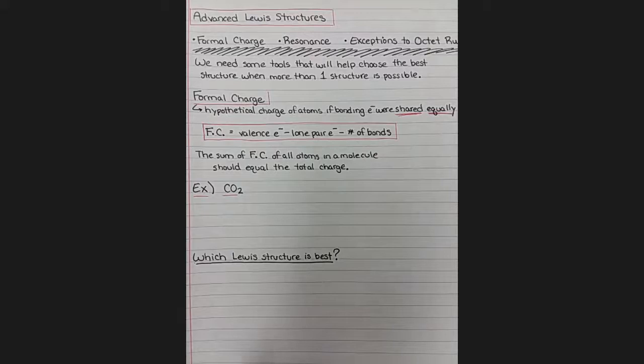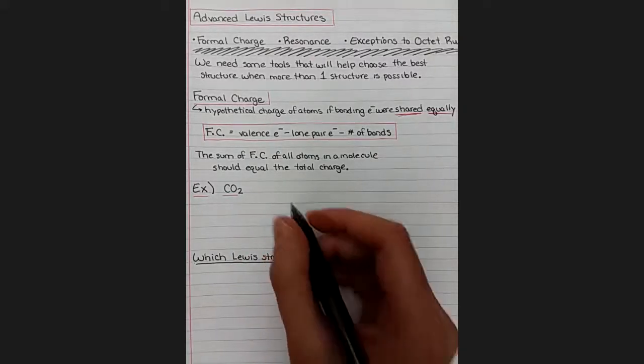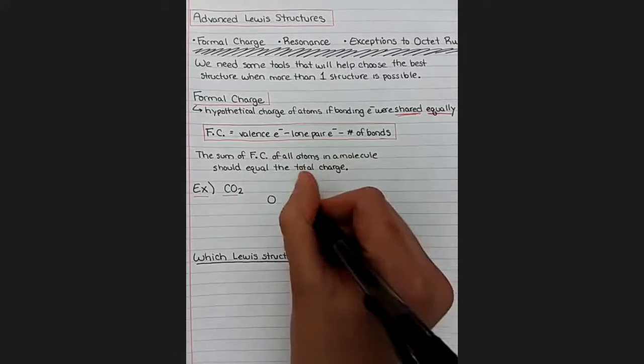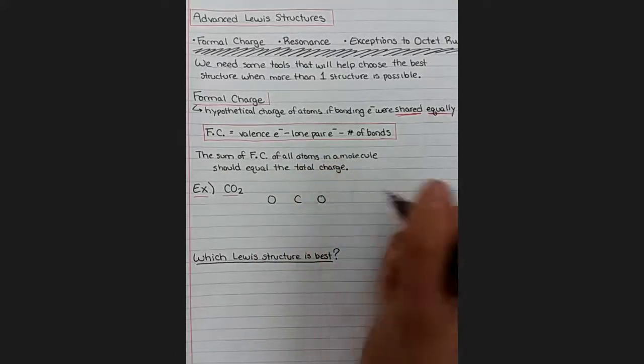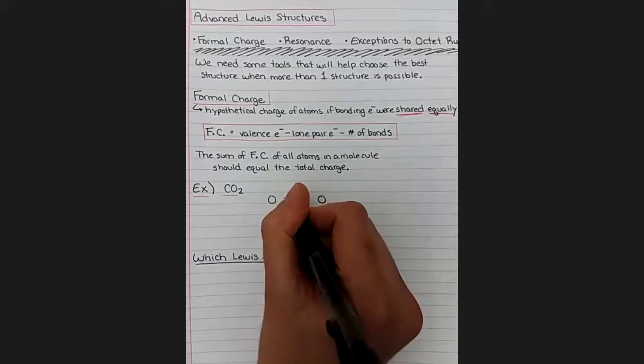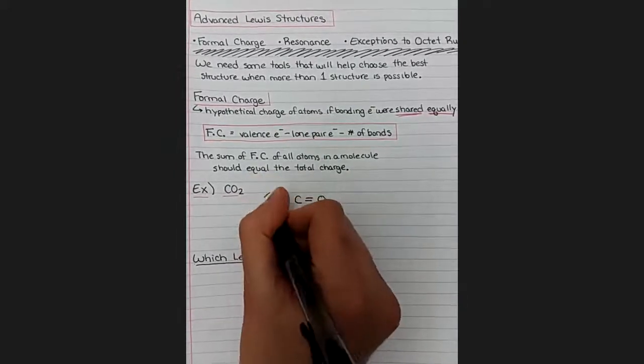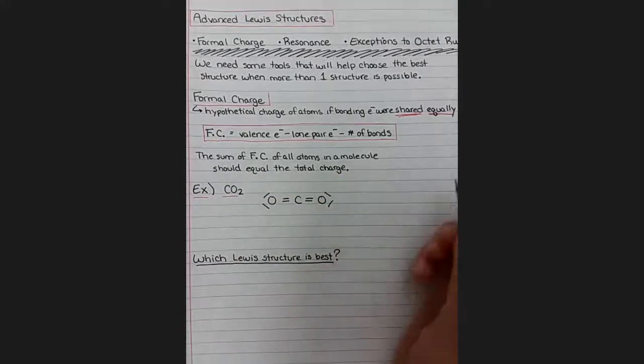Carbon monoxide has a couple of different possible Lewis structures. One of the possible Lewis structures has double bonds between each of the carbons and the oxygens, and two lone pairs on each of the oxygens.